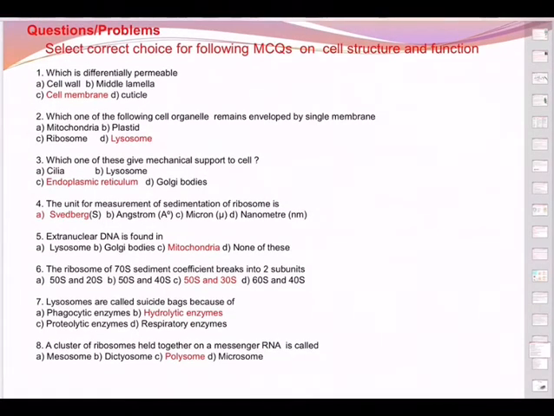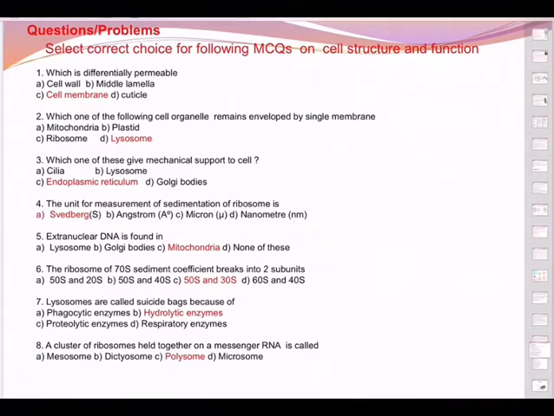Which one of these gives mechanical support to the cell? Let us see. Cilia are hair-like structures present around paramecium. I'm sure computer boys must have seen in our biology lab in class 10th those hair-like structures around the paramecium, the cilia. Lysosome, we just discussed, is a cell organelle.